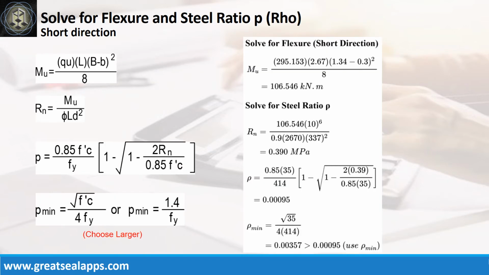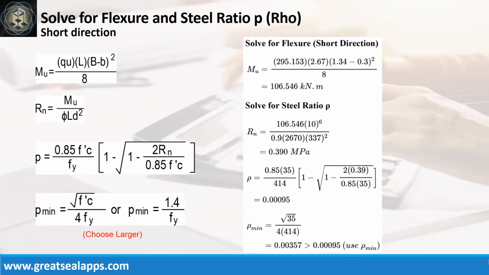At short direction, given ultimate soil pressure equals 295.153 kPa, footing width equals 1.34 meters, footing length equals 2.67 meters, and column side equals 300 mm, the maximum moment is 106.546 kN·m.